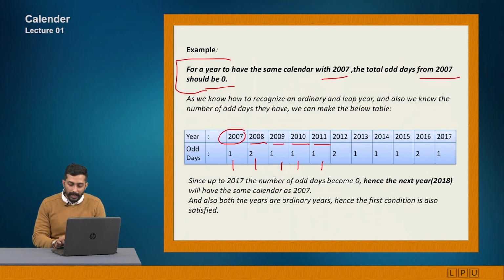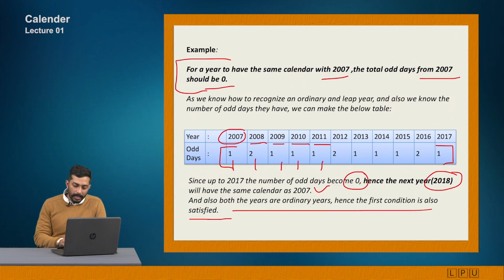Counting like this, from 2007 to 2018 we get 0 odd days, meaning the total number of days is a multiple of 7. That is how we get 2018 as the answer for the same calendar as 2007.